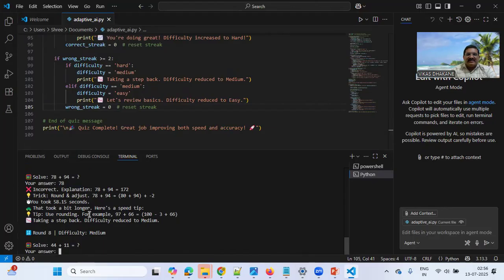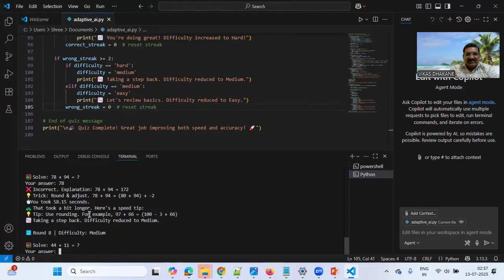So let's decrease the difficulty. So here it is adapting itself, adjusting its way of teaching or way of assessing. While adapting, it is giving the explanation. It is trying to teach you in a better way.